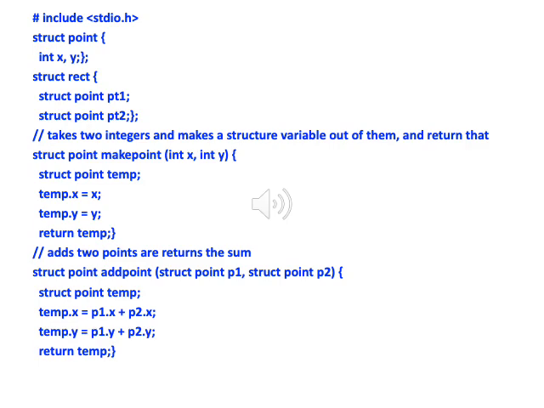Now the second function is add point. This time observe the function arguments. Here the function arguments are two structure variables. We had already said that because structure variables are in many ways like basic or non-structure variables, they too can appear as arguments to functions.